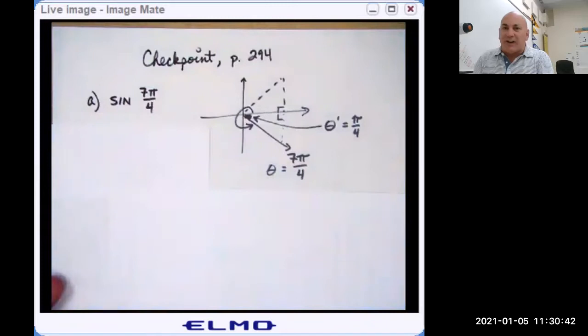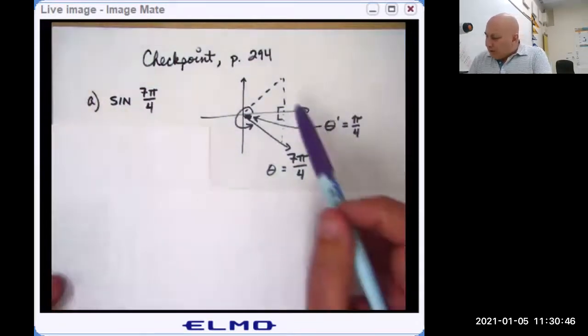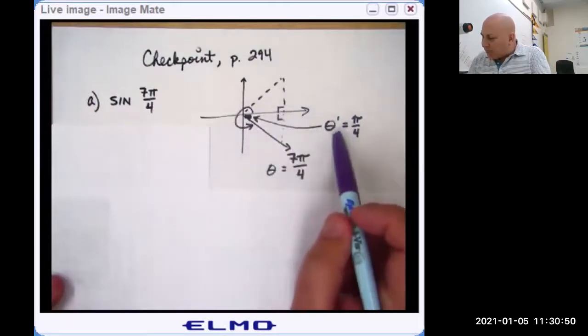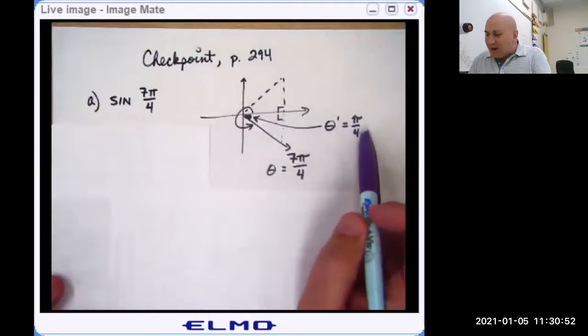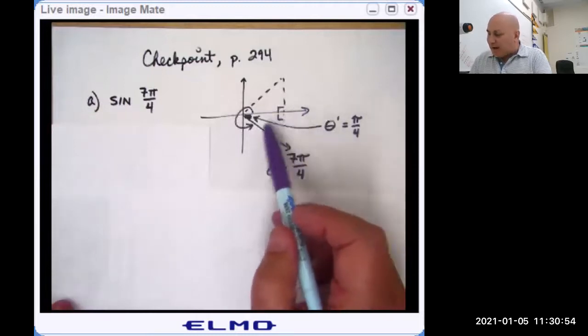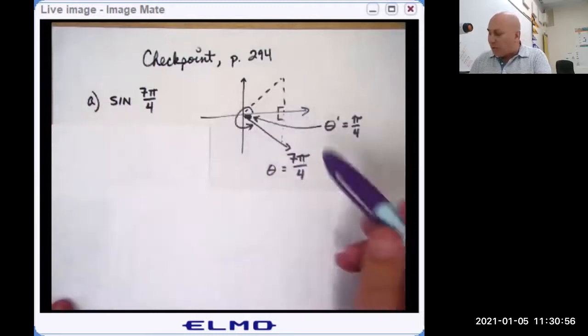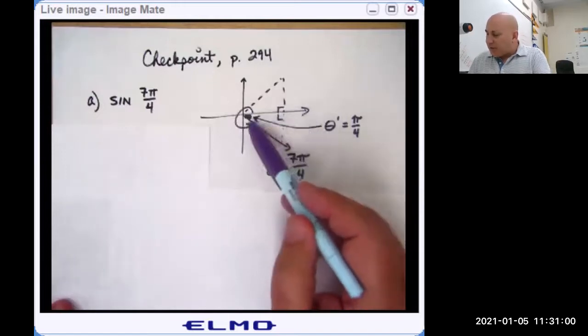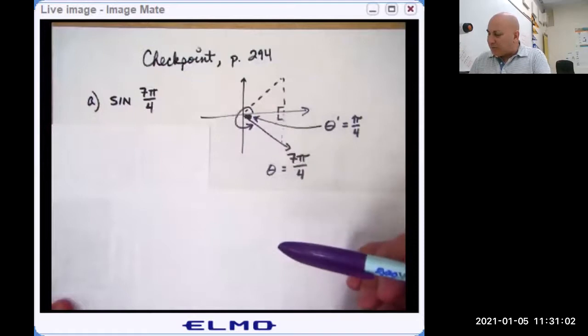Well, a first quadrant angle is going to be an acute angle. So here's 7 pi over 4. You'll notice that theta prime is pi over 4, because it would be 2 pi, which is 8 pi over 4, minus 7 pi over 4. So that's a pi over 4 in here.